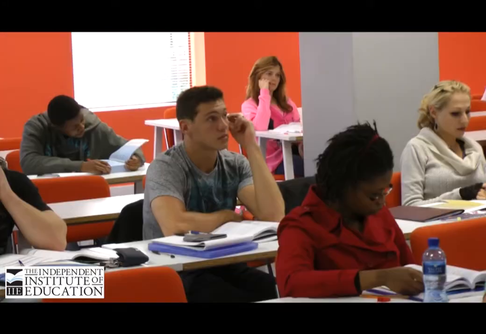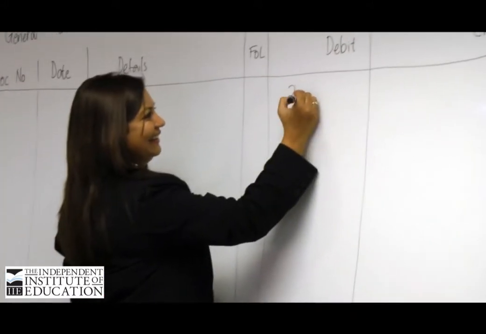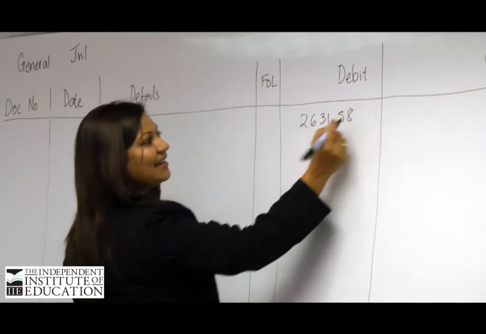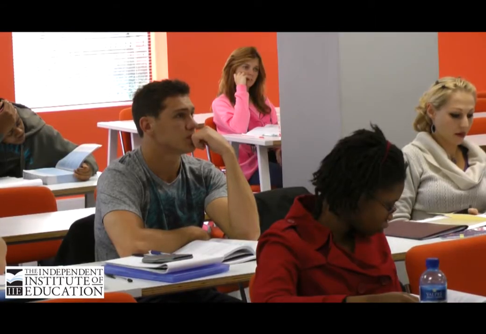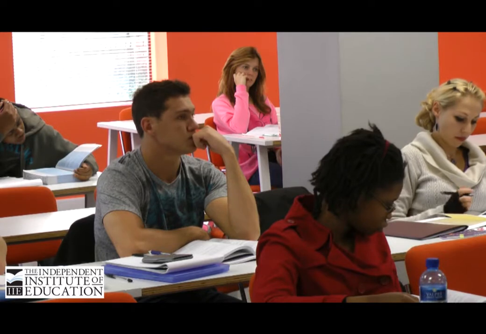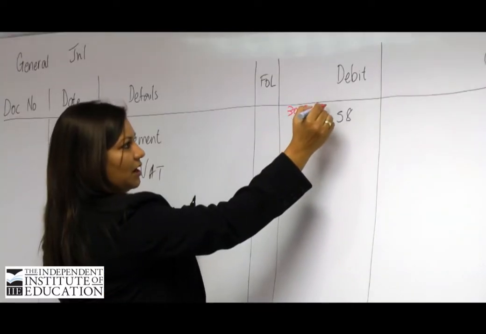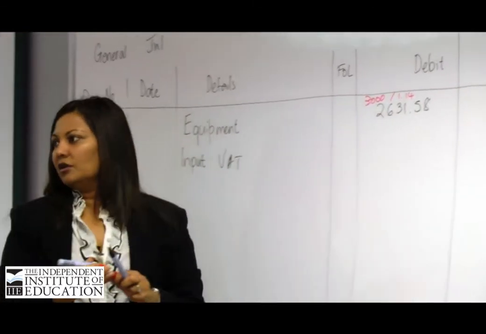So somebody? 2,631. Okay, thanks again. So that is the VAT exclusive amount, how do we calculate it? It's the 3,000 divided by 1.14. Okay.